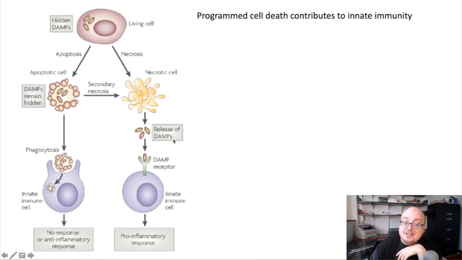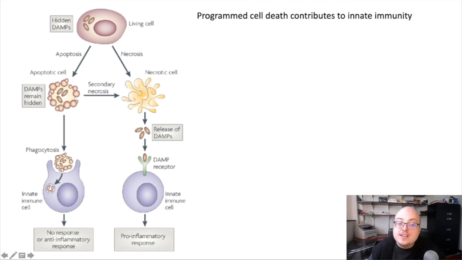And when that happens, all of those danger-associated molecular patterns in the cytoplasm are now free to be released into the extracellular space. And when they do so, they can activate damage-associated molecular pattern receptors, DAMP receptors, on the surface of immune cells in the environment. And the activation of these receptors leads to the activation of pro-inflammatory responses by these cells.